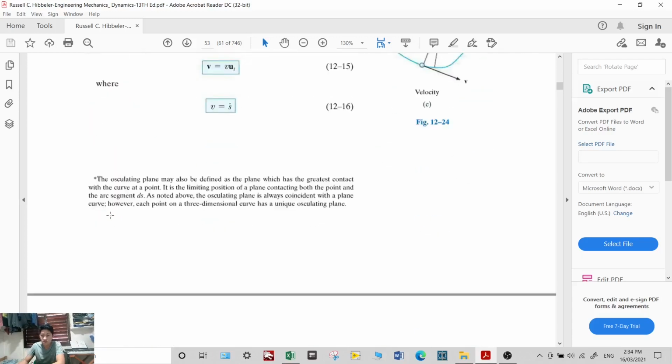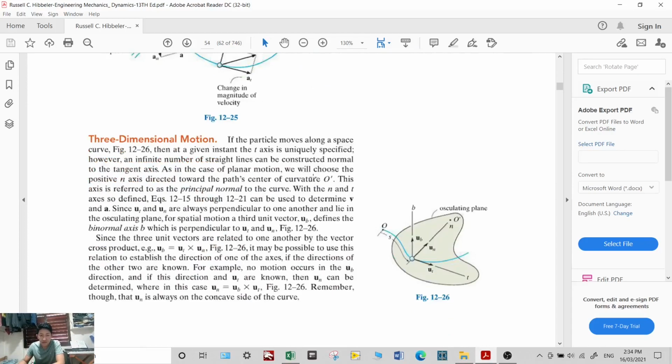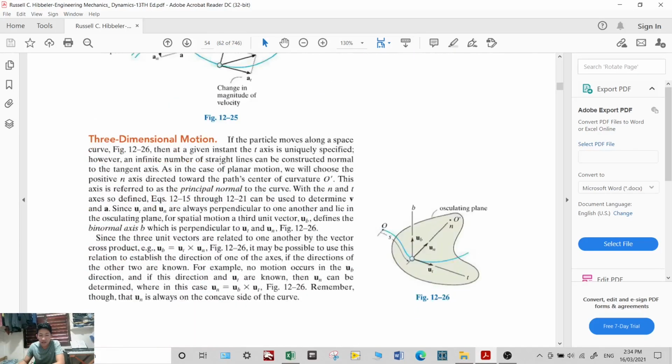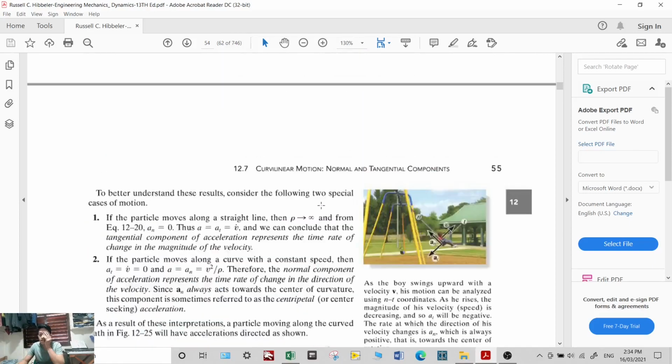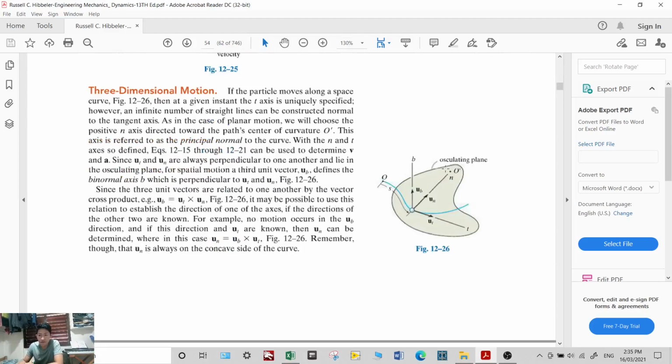If you have a three-dimensional motion, by the way, since earlier you were only studying two-dimensional, then you will add a component along this B, which is called the binormal axis.